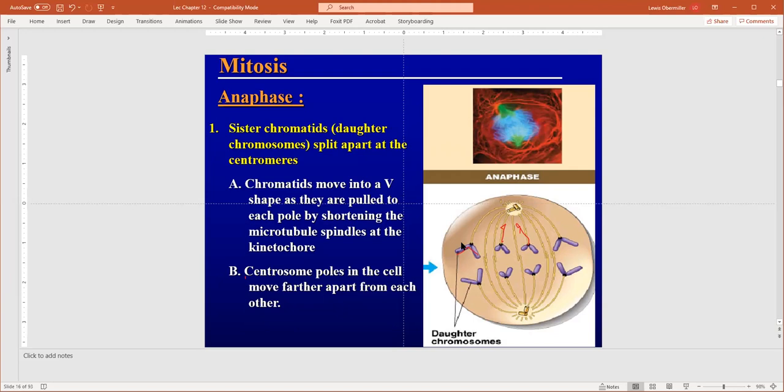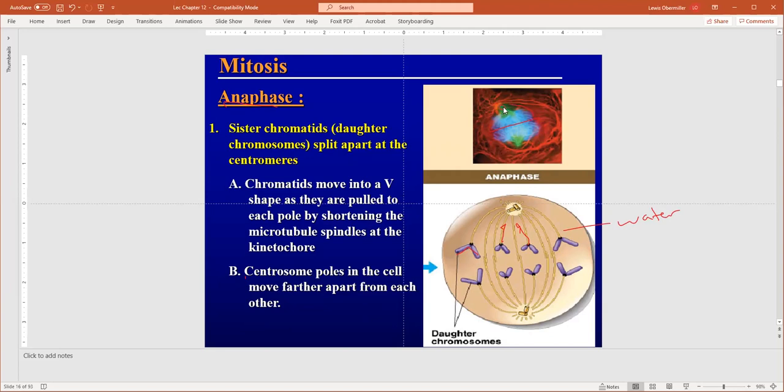Put it in a bathtub or a cup of water, and grab the string in the middle and pull it. It's going to make a V shape because the cytoplasm is full of water and other stuff. So anaphase always has this characteristic V shape of these chromosomes. You can kind of see it here, and that's where they're separated.